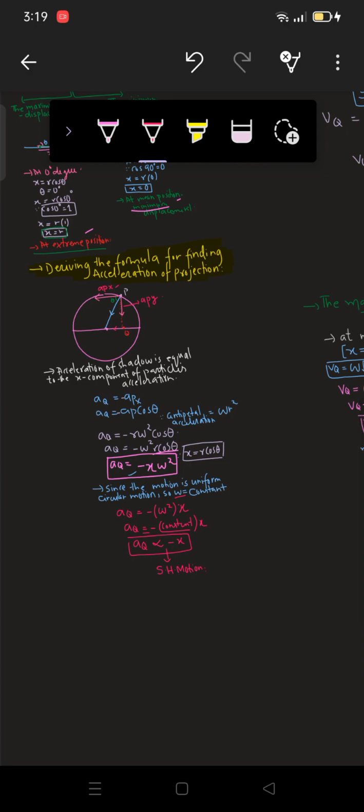So now we have derived the formula for finding the acceleration of a projection of a particle which is moving along the uniform circular path, and the formula we have got is minus x omega squared. At the end we have proved that this particular motion is simple harmonic motion, by proving that the acceleration of the particle is directly proportional to the negative of its displacement, which of course means it is simple harmonic motion.